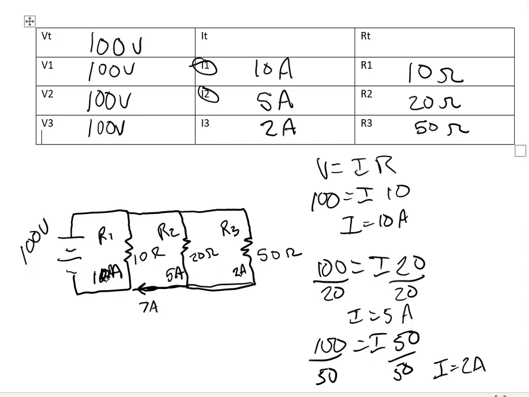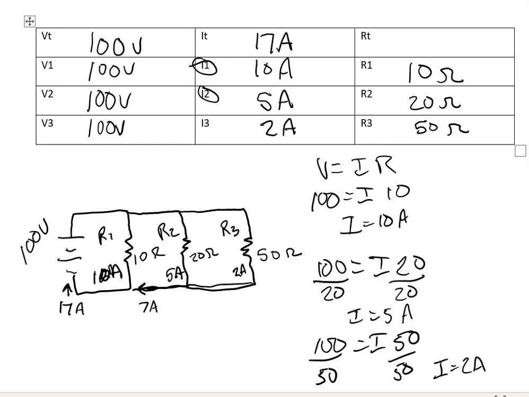This 7 amps plus that 10 amps, when those two combine, I'm going to have a total of 17 amps going through there. So in essence, what did we do with the currents to find IT? We added them up. 2 plus 5 is 7, 7 plus 10 is 17.